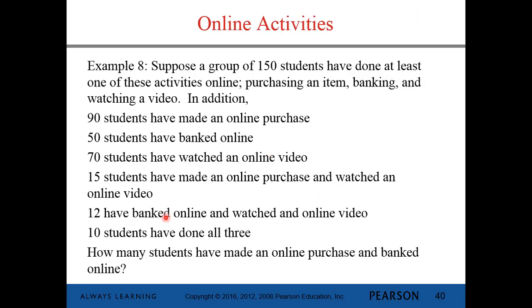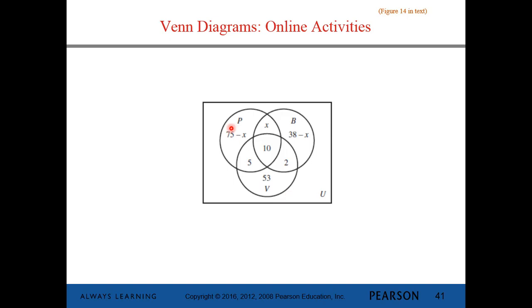And then we work backwards. We know 12 have done banking and watched an online video. So these two. Now that we know this is 10, we know this has to be 5.